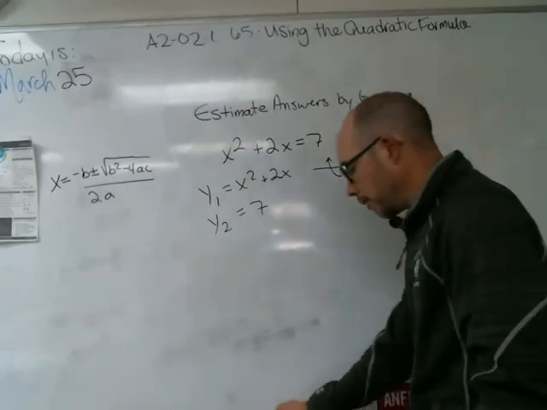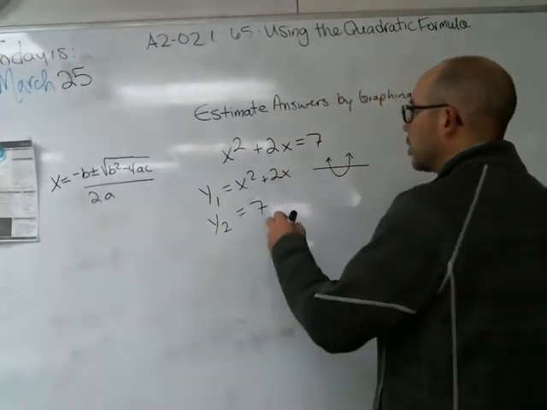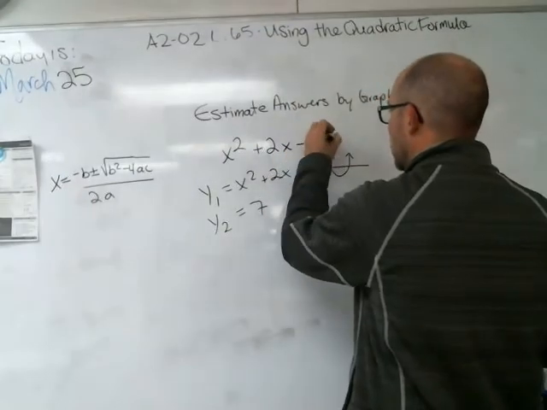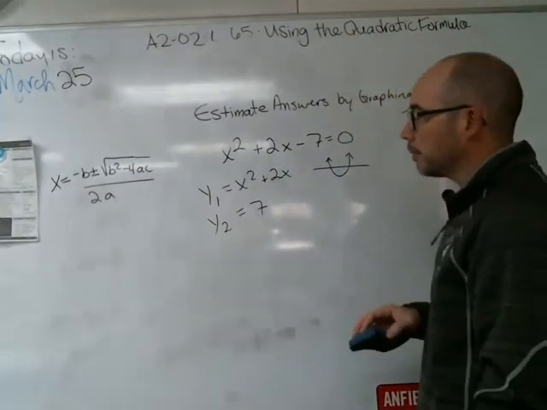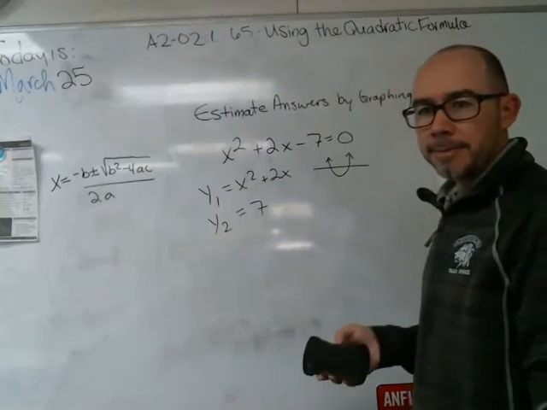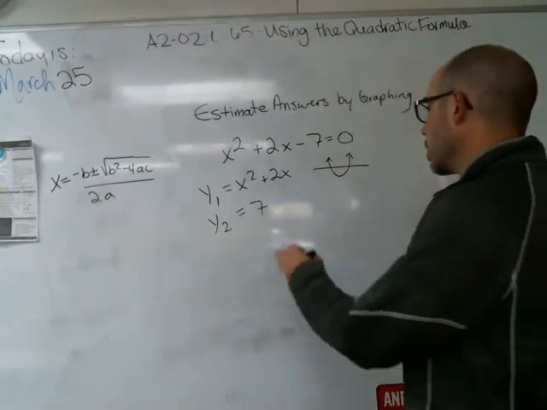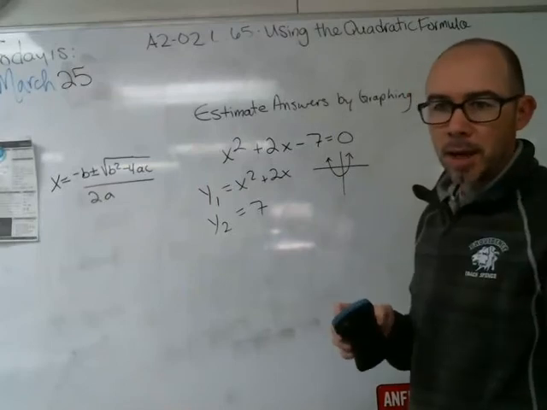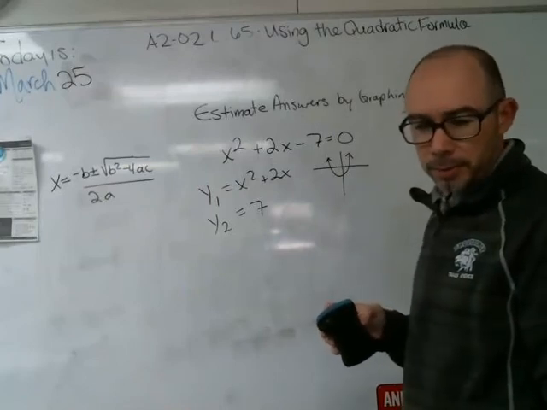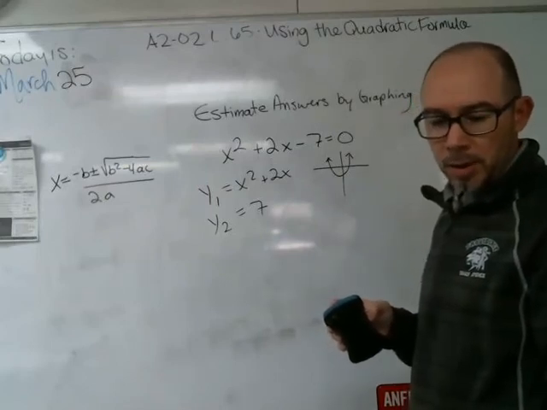intersection points for that. Another way you could do this is you could just put that into standard form, and you could graph it, and you could see where it crosses the x-axis now rather than the number 7, and hopefully it will.